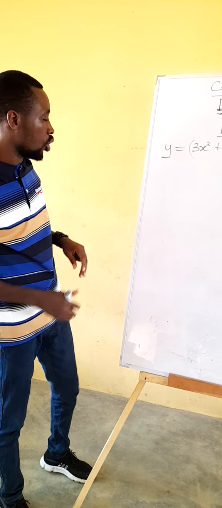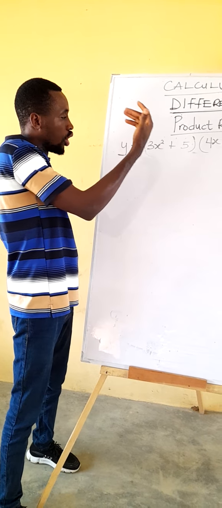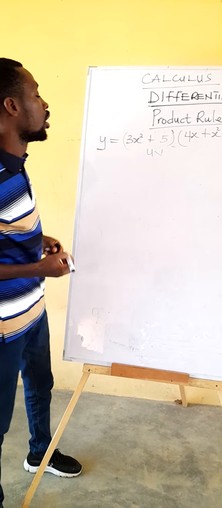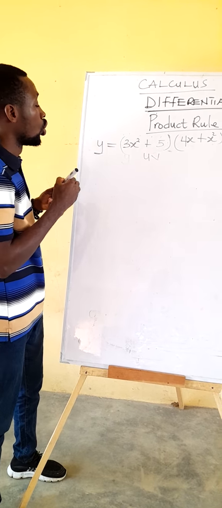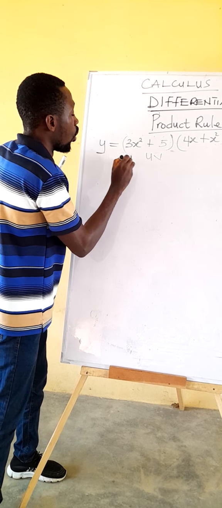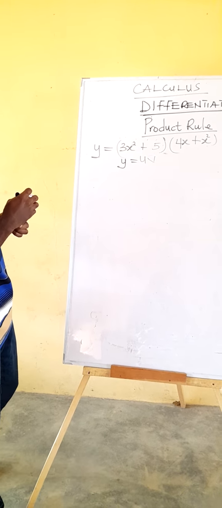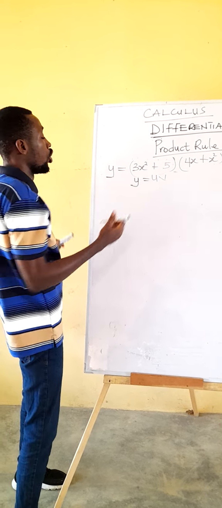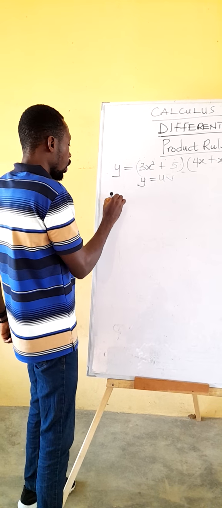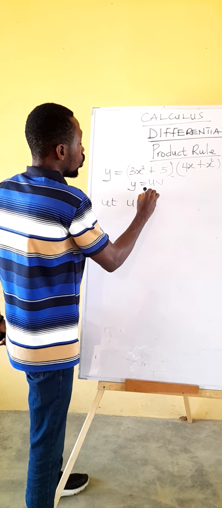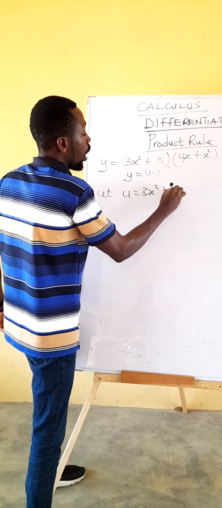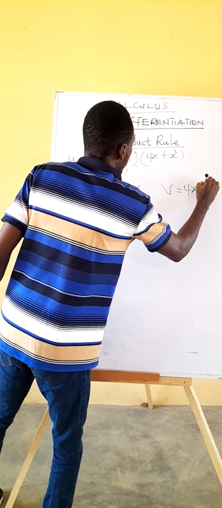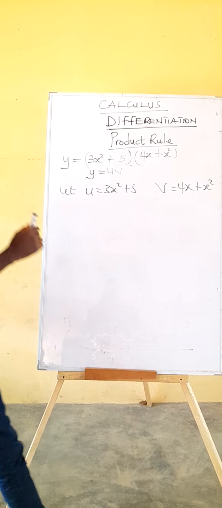As I introduce you to it, you let u be equal to the first one and v be equal to the second one. That's y equal to uv. So this is in that form. So let u be equal to 3x squared plus 5 and v be equal to 4x plus x squared.